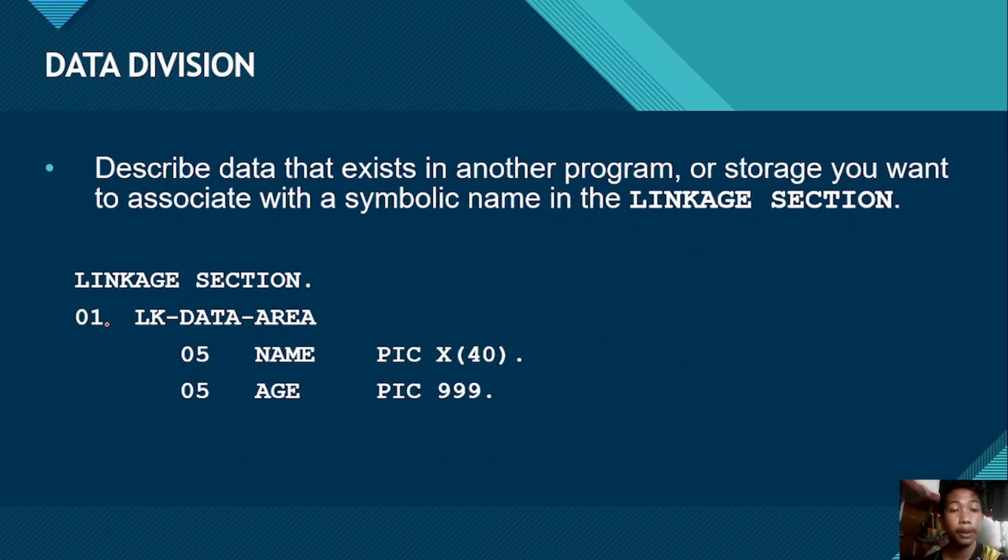So this describes data that exists in another program or storage you want to associate with a symbolic name in the linkage section. So the linkage section is under the part of the data division. So link data area, which has a name and age.